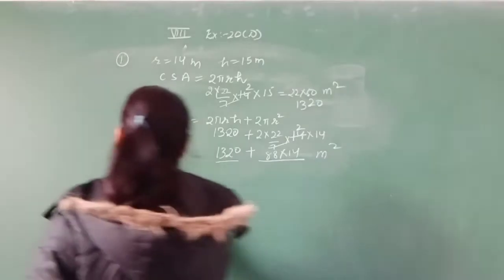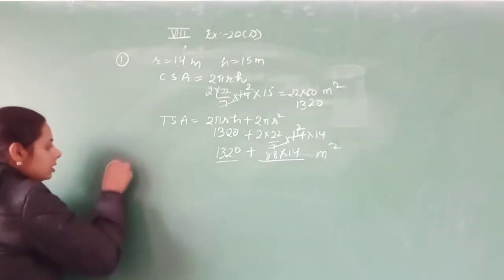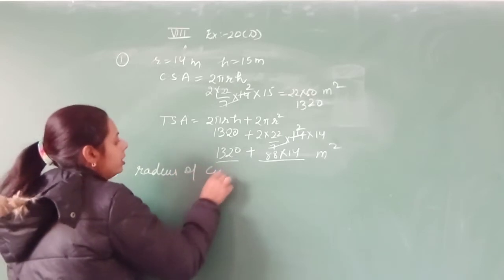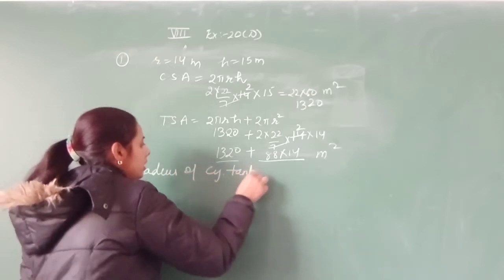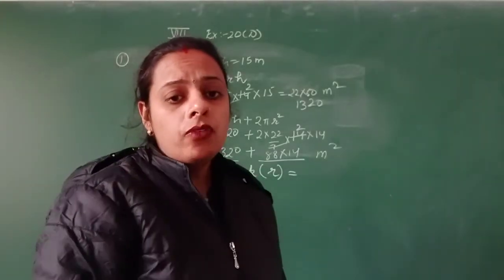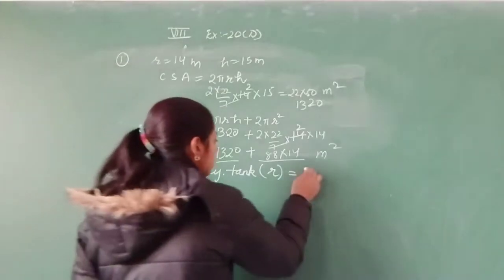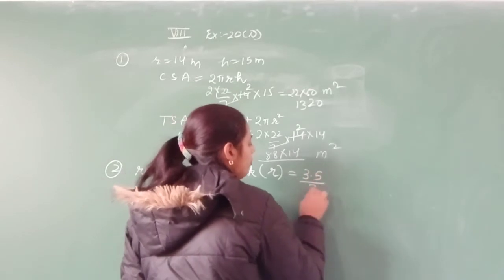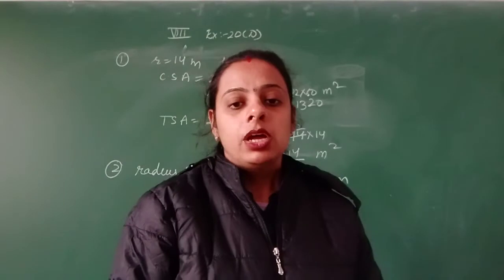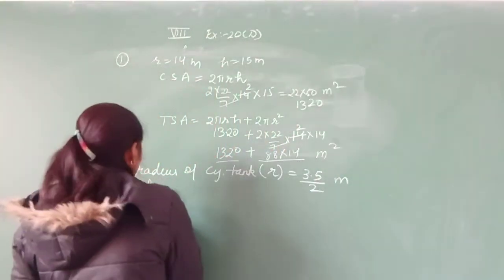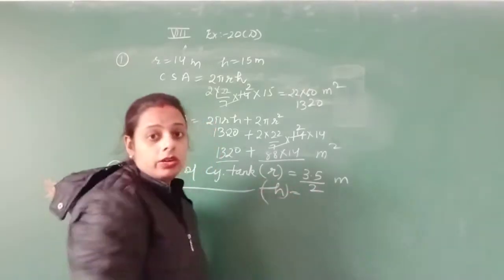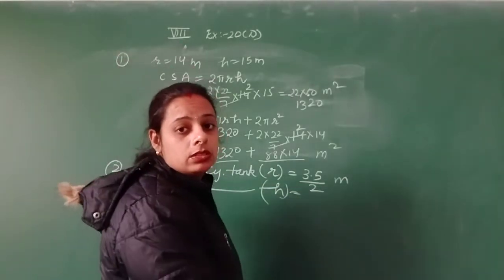If the diameter is given, then the radius of the cylindrical tank, that is r, is half of the diameter, and half of 3.5, so the radius will be 3.5 by 2 meter. It means 1.75 meter, and the height of the cylindrical tank, that is h, is already given, that is 7 meters.